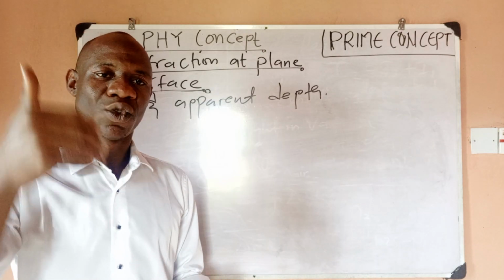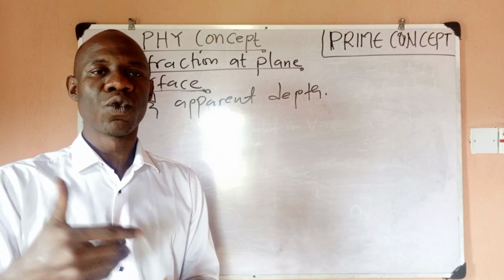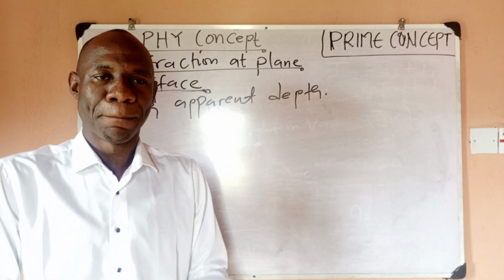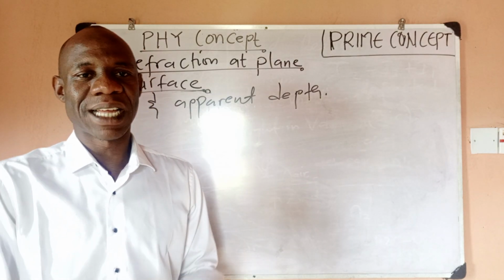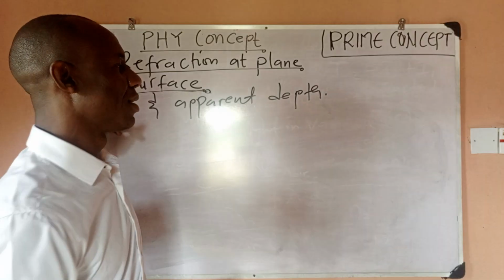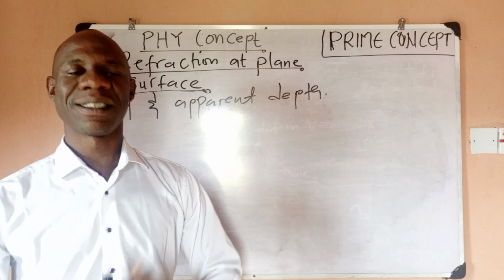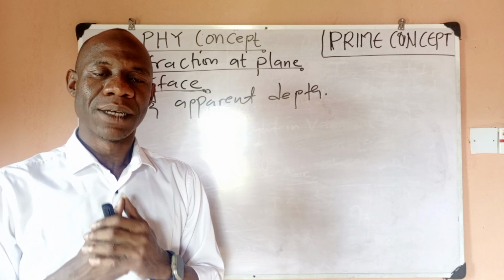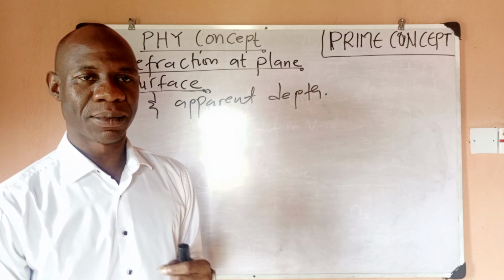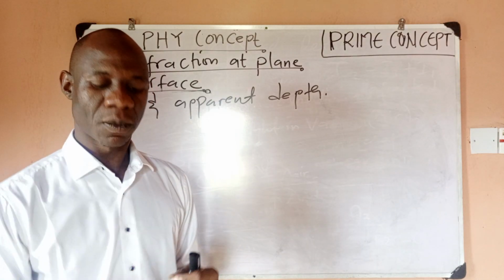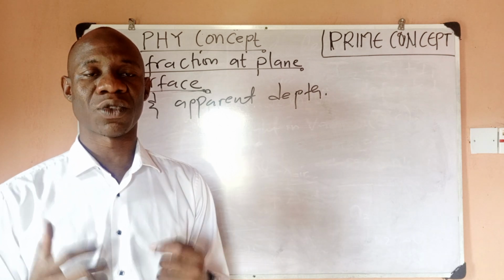So the phenomenon for which that stone appears to be closer to you than it actually is, what we know as real and what? Apparent depth. So real depth is the actual depth of that stone, the depth from the top to where it actually is.